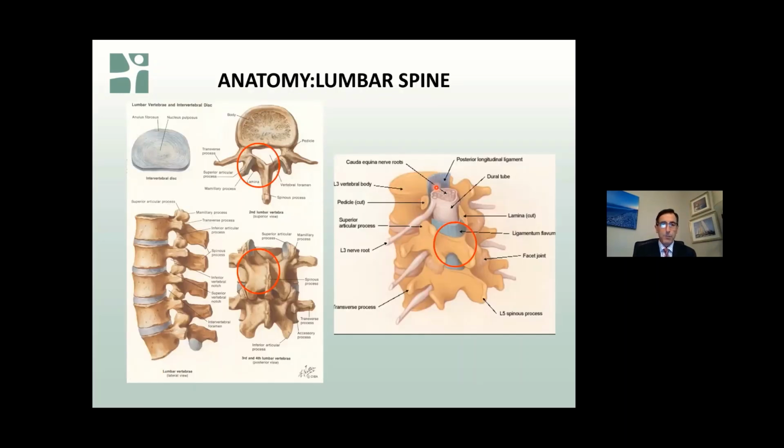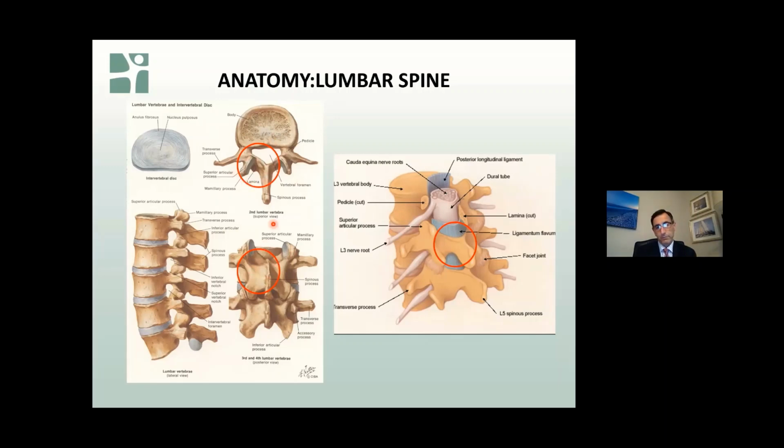This is the lumbar spine anatomy. This is a cross-sectional view of one vertebral body, and this is a side view of the spine with bone, disc, bone. This is a cross-section of the disc, or the intervertebral disc, which is the cartilage joint. And this is a view looking from the back. I've circled the lamina, which is here and here.